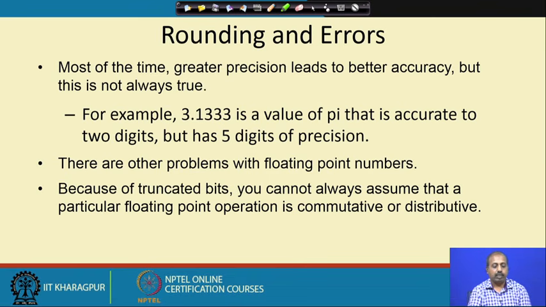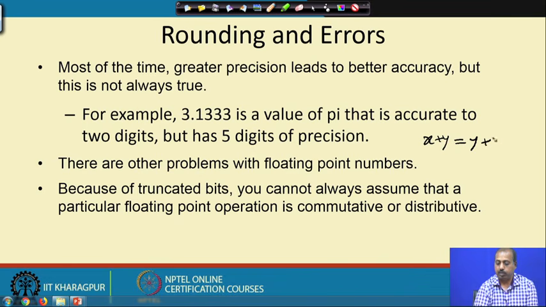So, there are other problems with floating point numbers also, because when you truncate the bits, you cannot always assume that a particular floating point operation is commutative or distributive. What we mean by that is, if I have an operation, say x plus y, in general x plus y is equal to y plus x.